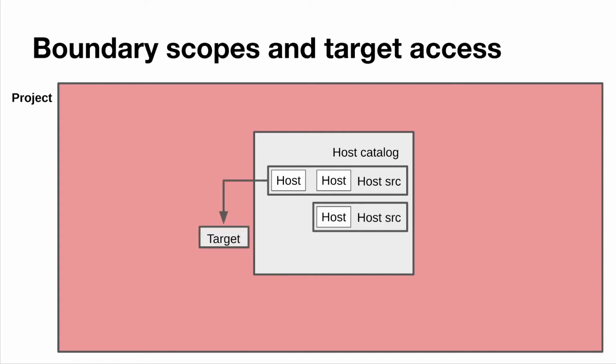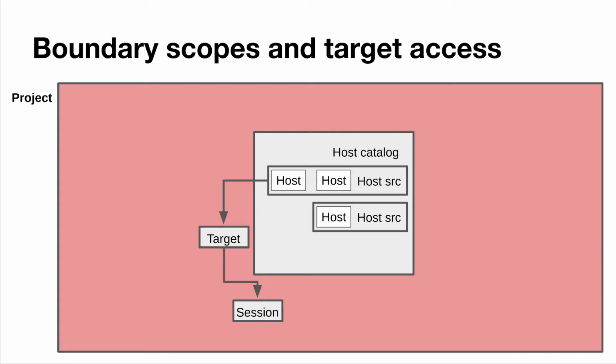Targets link to one or more host sources to attributes that define a pattern of access to those hosts, such as a port number, a connection duration limit, a per-session connection limit, and any filters necessary to select specific workers to connect to that target. Unless the client specifies a single host to connect to, one is chosen randomly from the host sources or sets linked to the target.